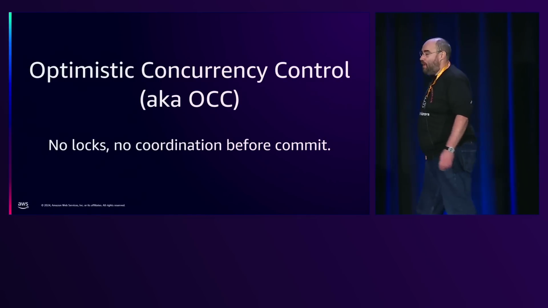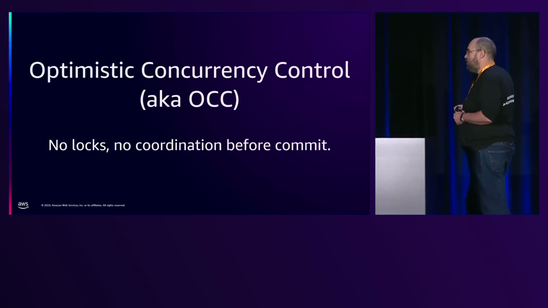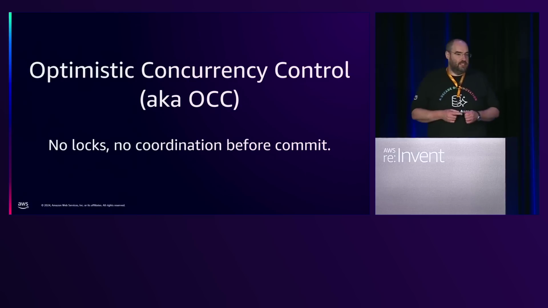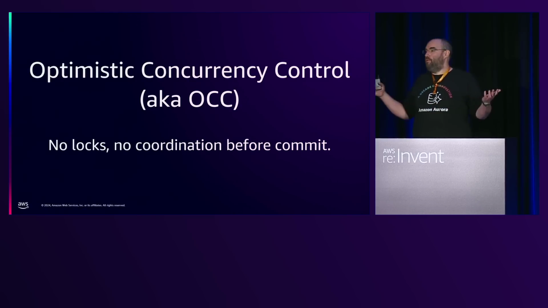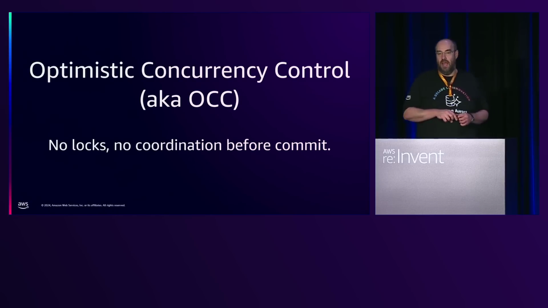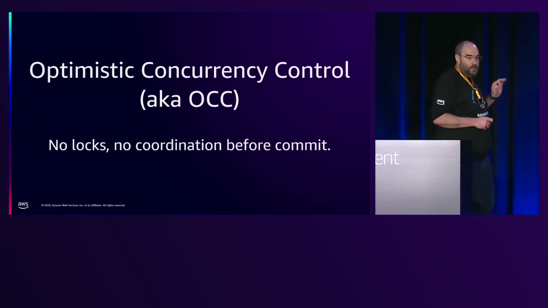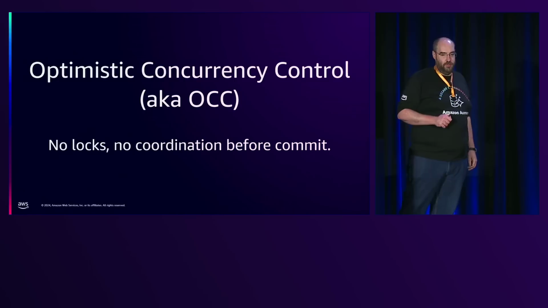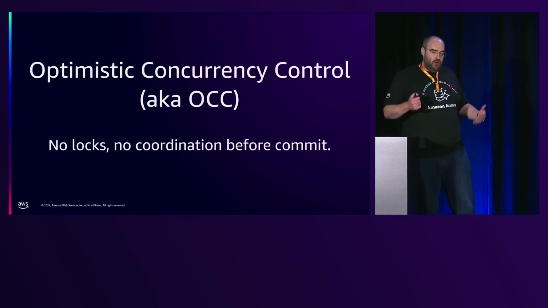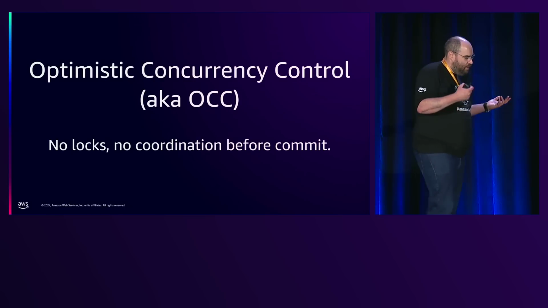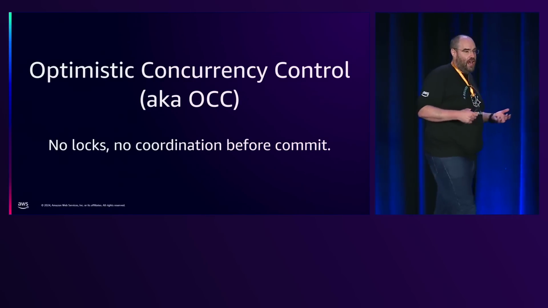Then, at commit time, we use a variant of an optimistic concurrency control protocol. This protocol says, if looking over a brief window of transactions which might have happened concurrently with this one, can I commit this transaction while respecting my isolation rules? And if you know databases, you will know that there are many variants of isolation rules. The strongest one, mostly, is called serializable.